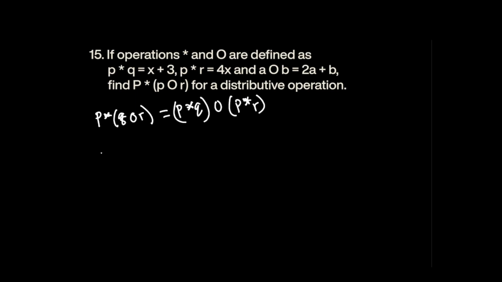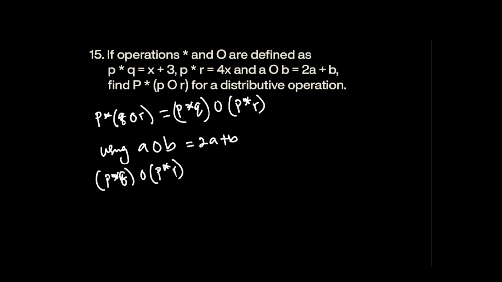So we therefore have that, using A operation B equal 2A plus B, P operation Q, then operation P operation R equals, so anywhere we see A, we are going to represent it with P operation Q, because that is what A is equivalent to.